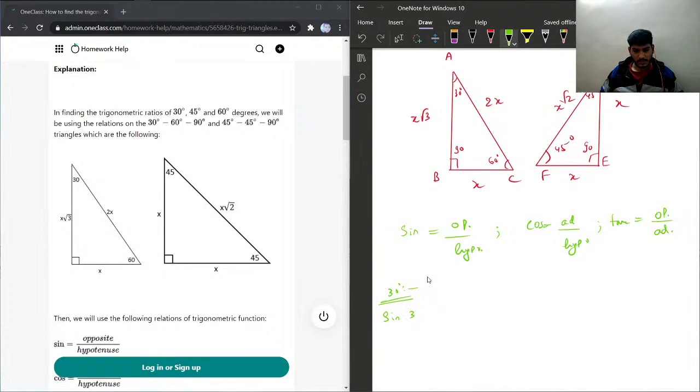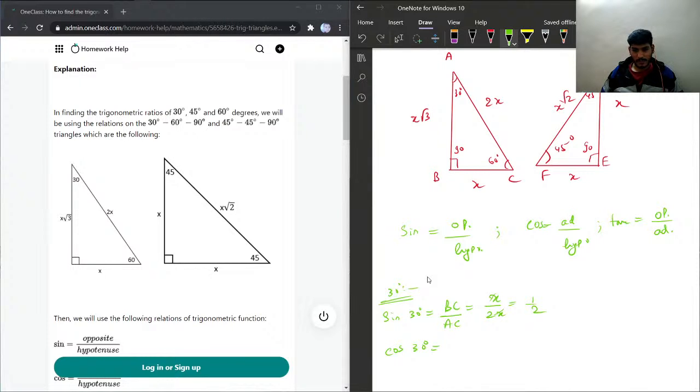So sine of 30 is opposite over hypotenuse. Hypotenuse is AC, so this will be x over 2x. This will be 1 over 2.